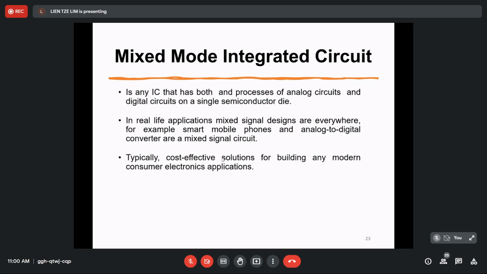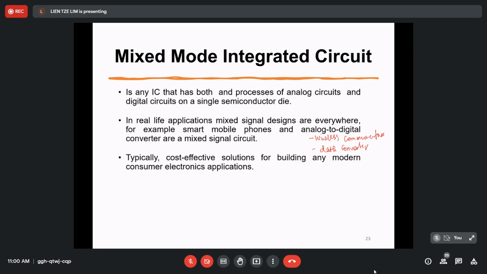Okay, there are a few more applications that use a mixed mode IC, which are wireless communications, and also data converters.